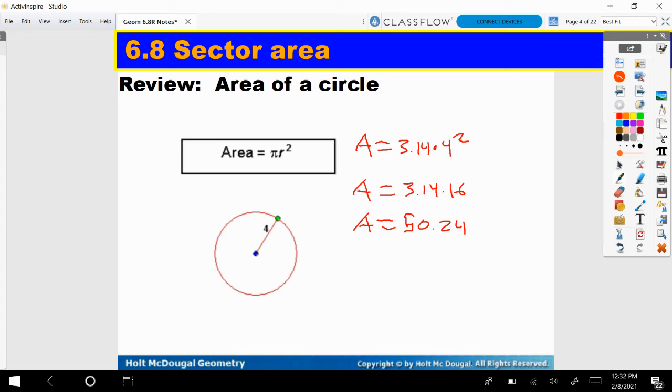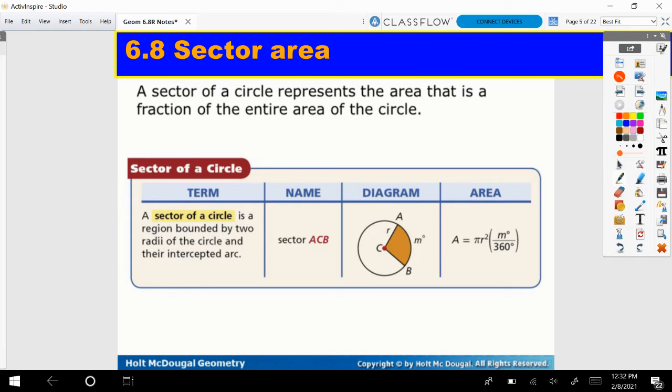Let's extend that to calculating the area of a sector of a circle. Here's the formula, and this is what they're talking about. This area here in orange, this would represent the center of a circle. If you notice, we have a central angle coming out of that circle, and it is this area in between the angle and our arc.